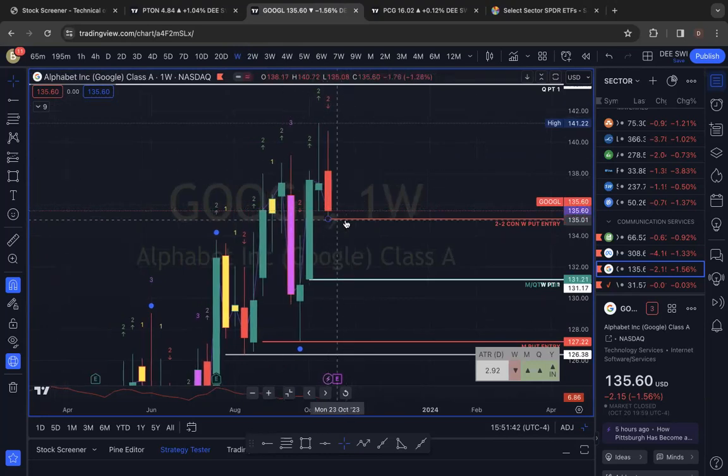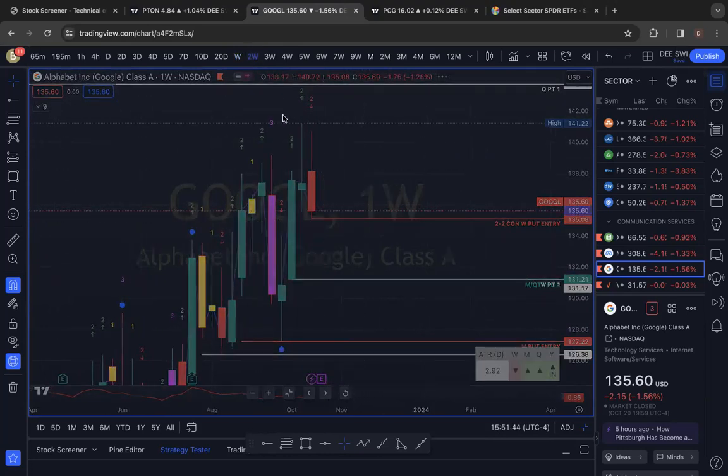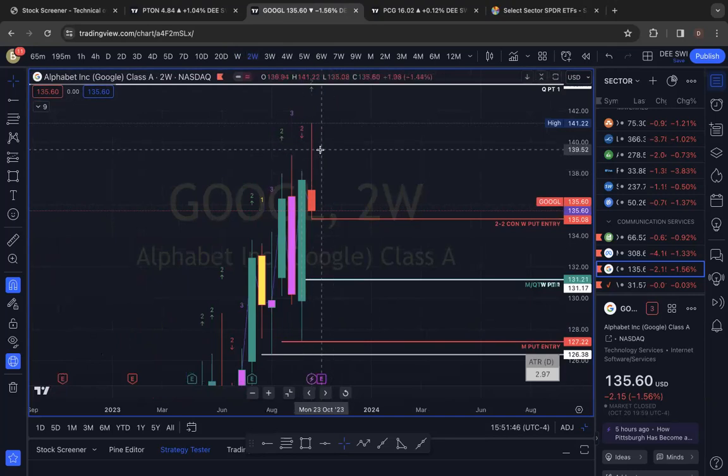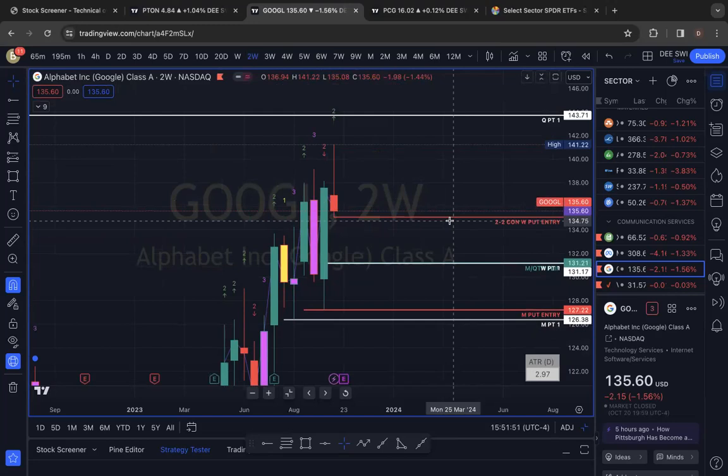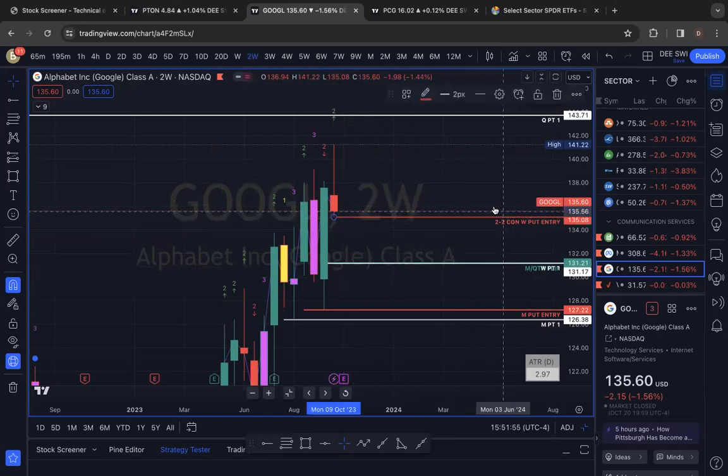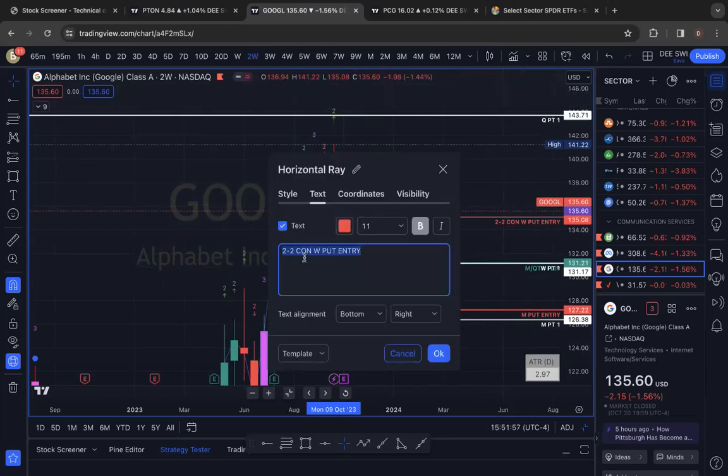The week has a 2-2 continuation, but the 2 week has an actionable signal. A 2-2 rev shooter, that is an actionable signal to the downside, and it's the same exact level. So we're going to mark that too. And at that point, since I see an actionable signal, I'm just going to take this away, because I know there is an actionable signal there.